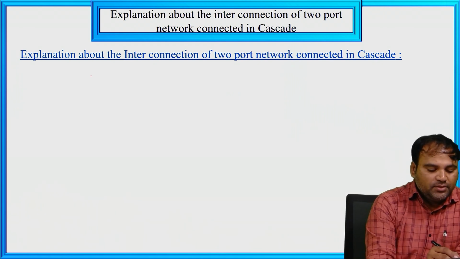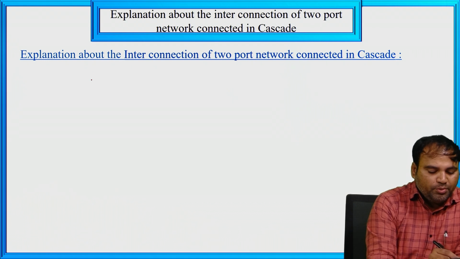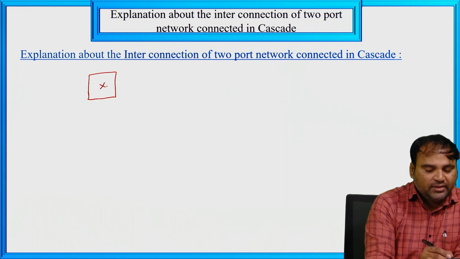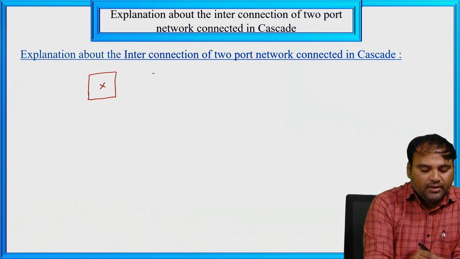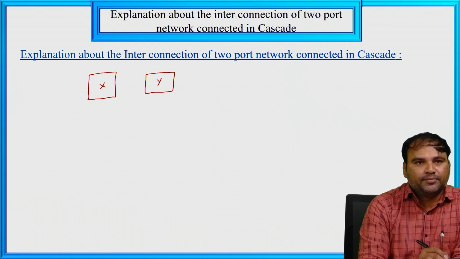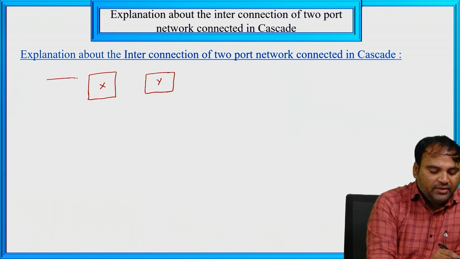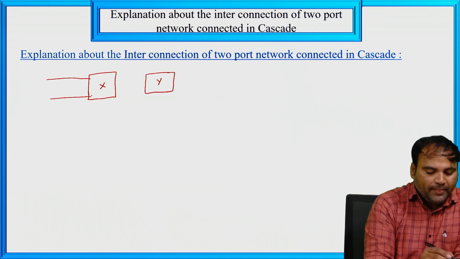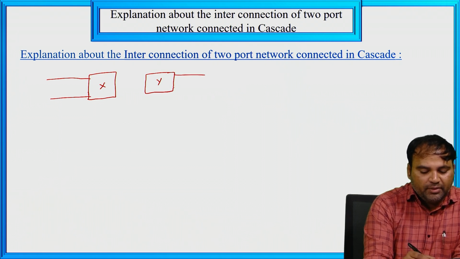Here I am taking two two-port networks. This is one two-port network, the X network, and this is the second two-port network, the Y network. For this we have the input terminal and the output terminal.